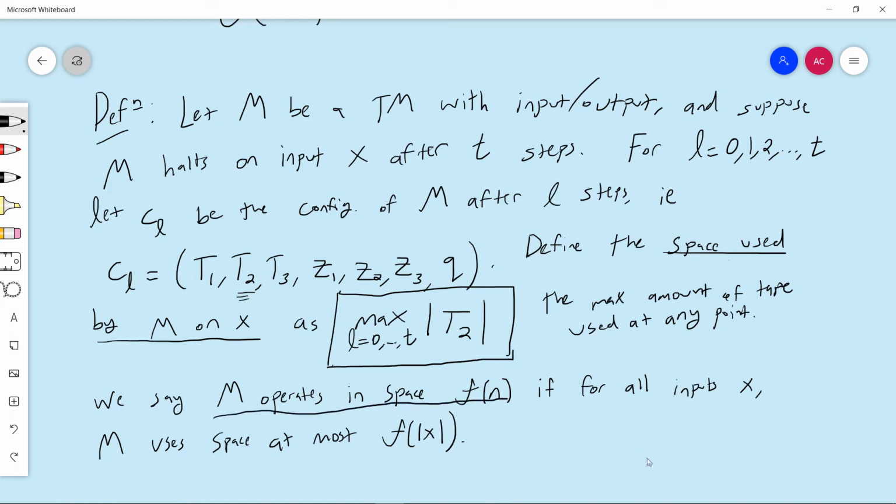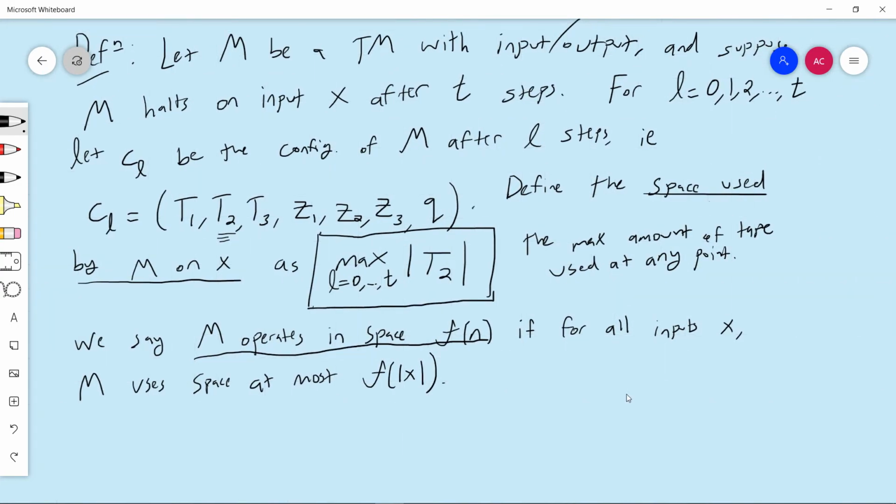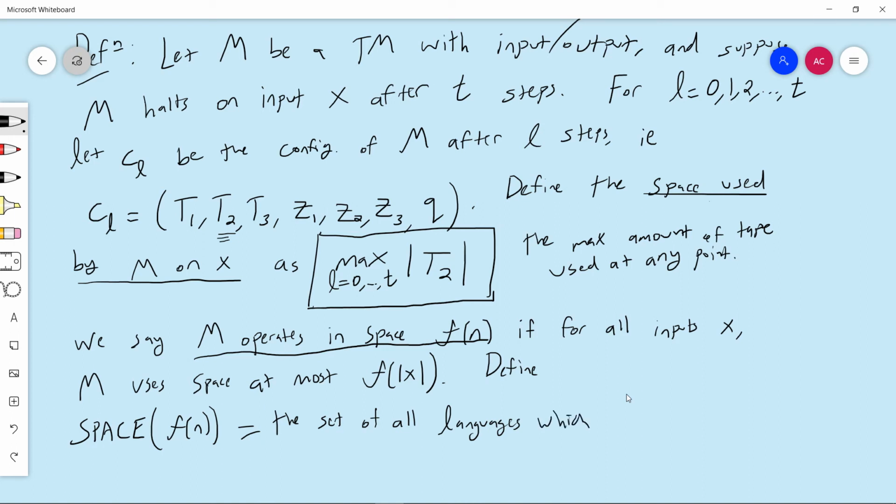And then finally, define space f of n to be equal to the set of all languages which are computable by Turing machines operating in space O of f of n.